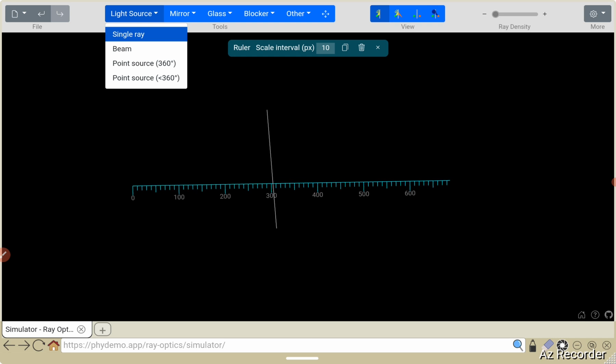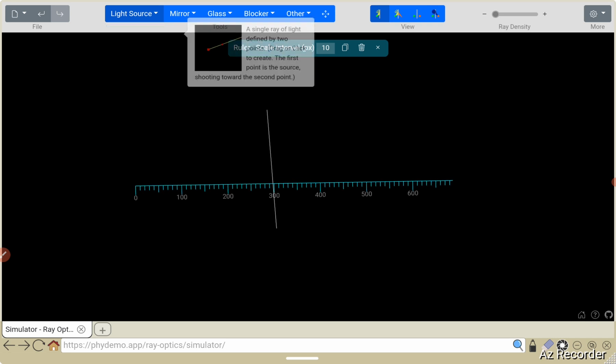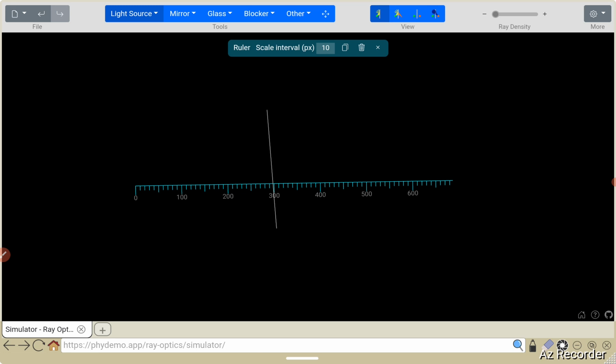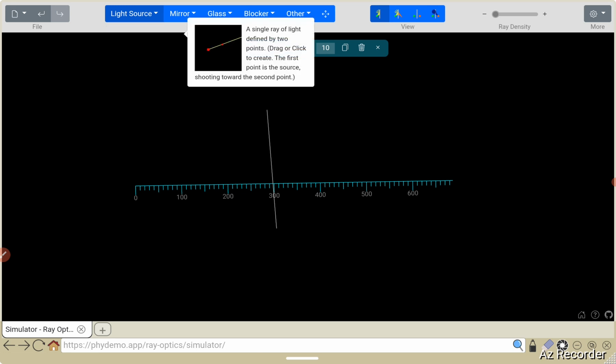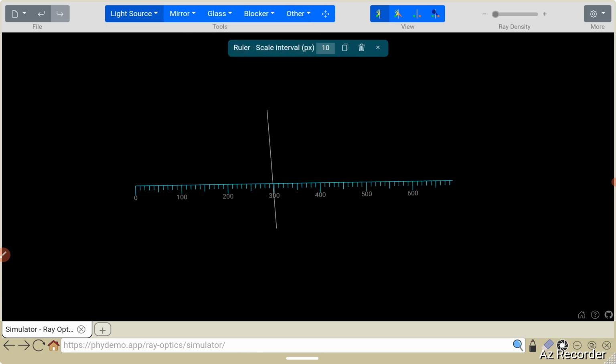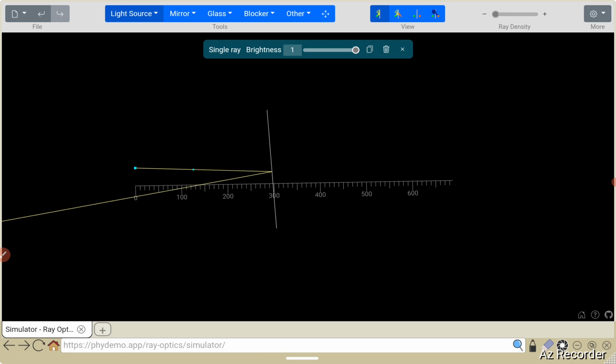Let it be at 300 only. Normal to the mirror. Normal to the mirror means we know it has to retrace its own path.